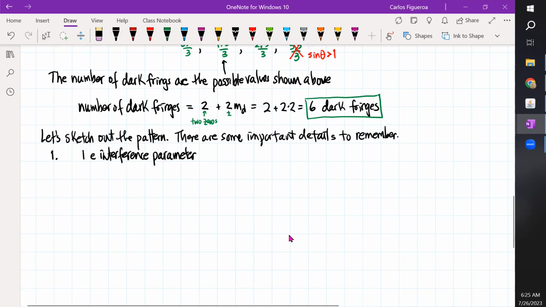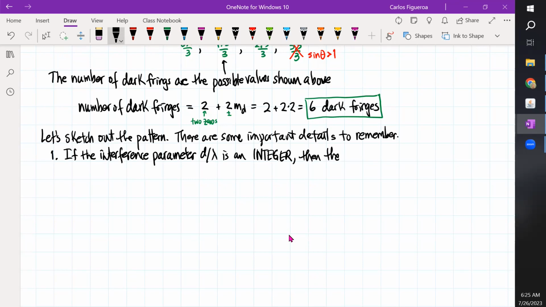I'm going to say this: if the interference parameter d over lambda is an integer, then the last fringe is a bright one.